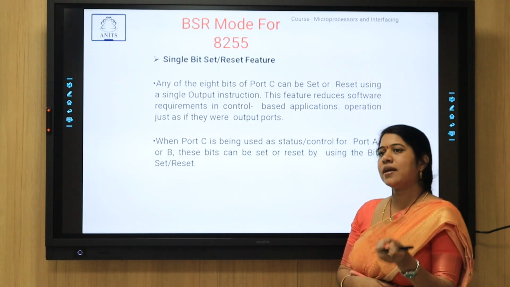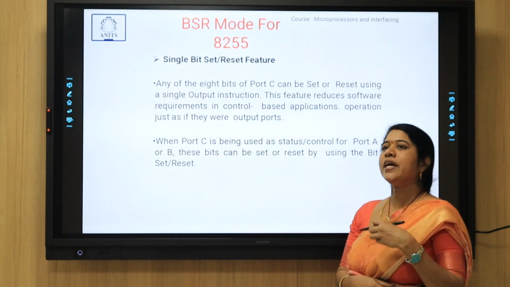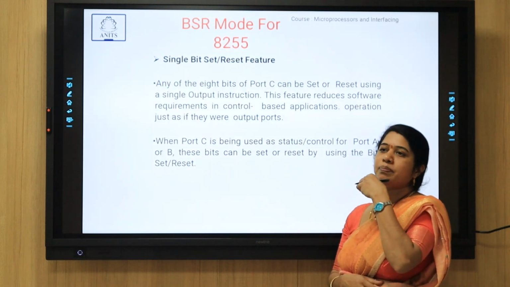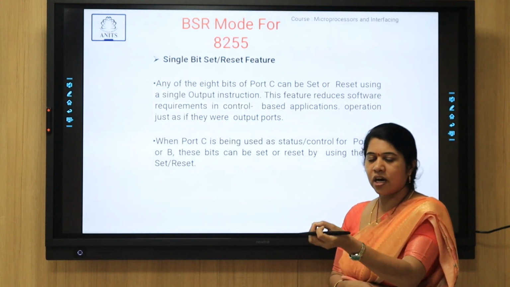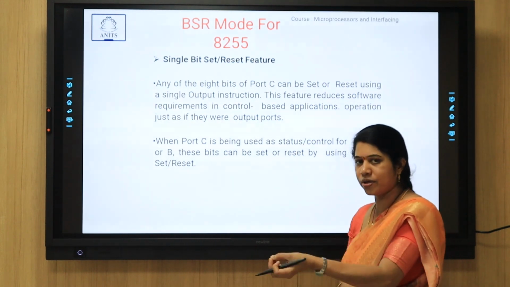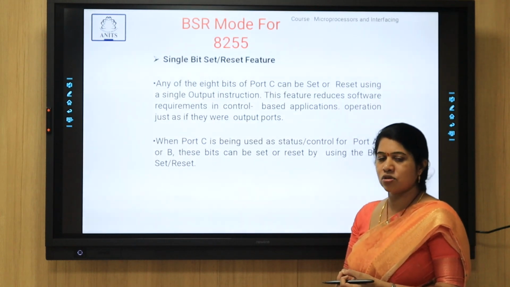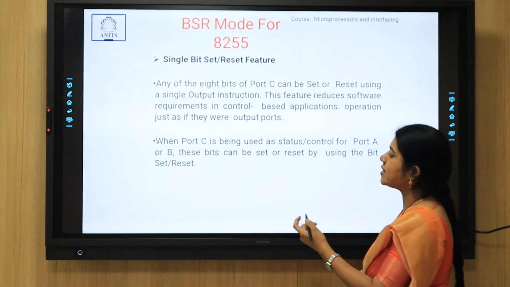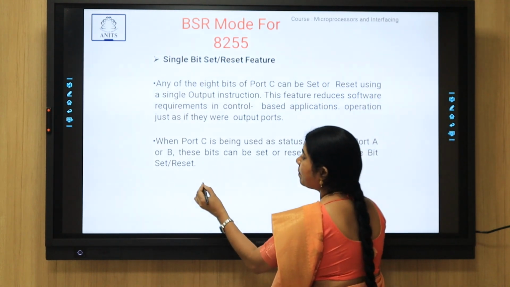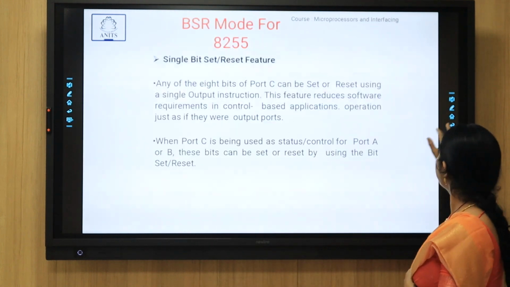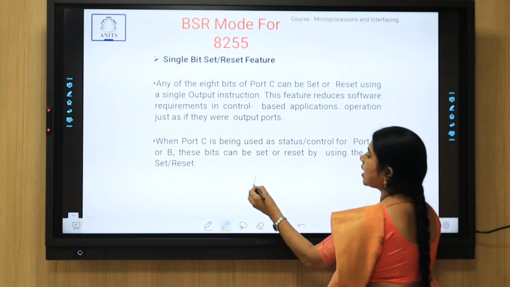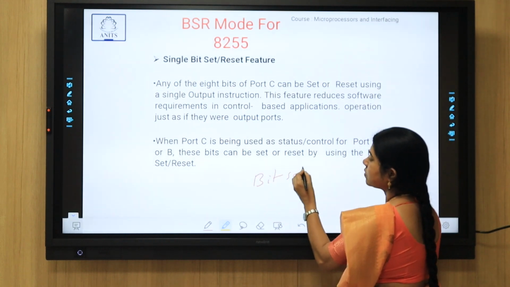In order to send the control signals, sometimes we have to send a particular bit as 1 to enable the signal, or we want to disable the signal. So individually we have to send those signals. This BSR mode is nothing but the bit set or reset mode.